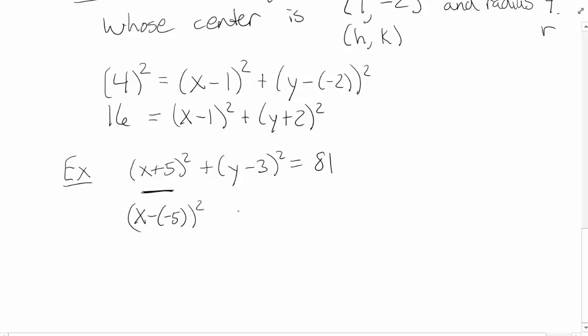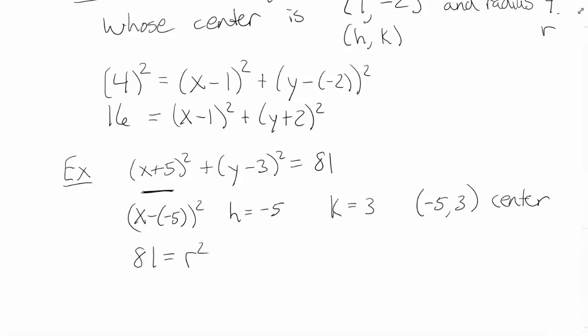So that tells me that my h is equal to negative 5, and that y minus k tells me my k is equal to 3. So negative 5 comma 3 is the center of that circle, and my 81 is my r squared, which tells me my r is equal to 9.